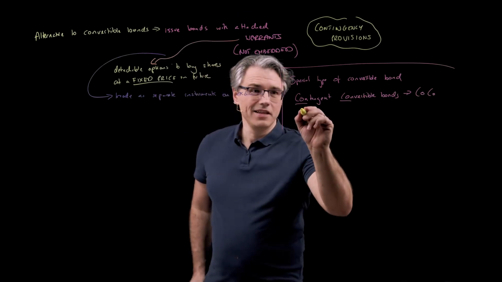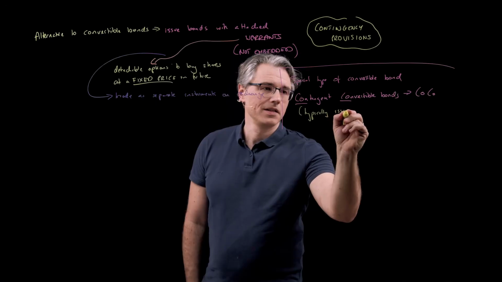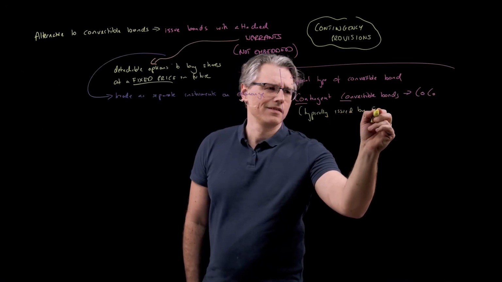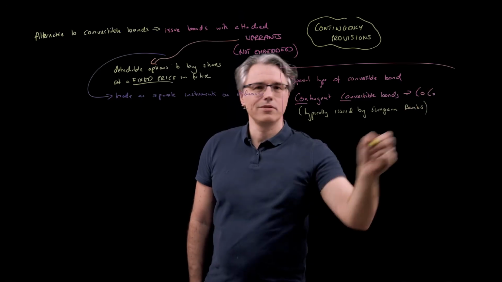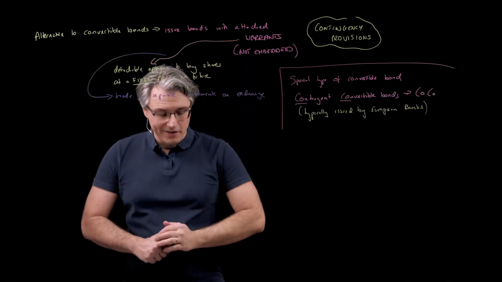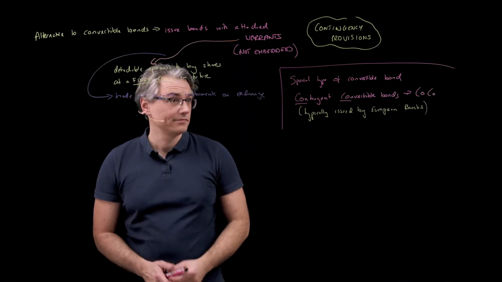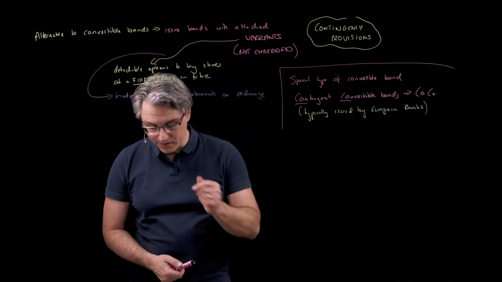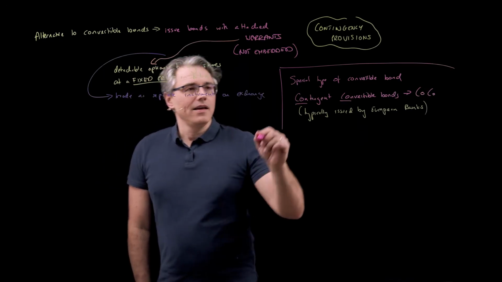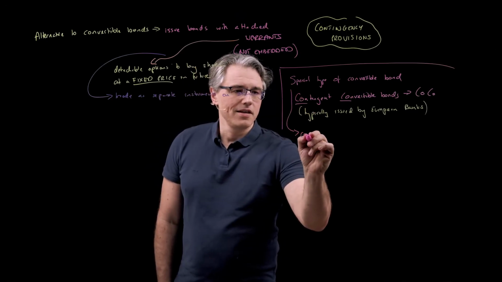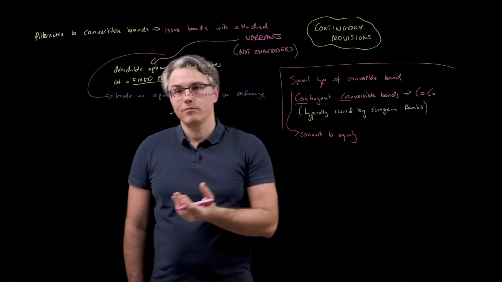They are typically issued by banks, especially in Europe. They're sometimes called AT1 bonds. You may have heard that name in the context of Credit Suisse and its trouble. Well, I'm not going to really talk about that. But what happens here is these types of bonds convert to equity, because convertible bonds generally do.